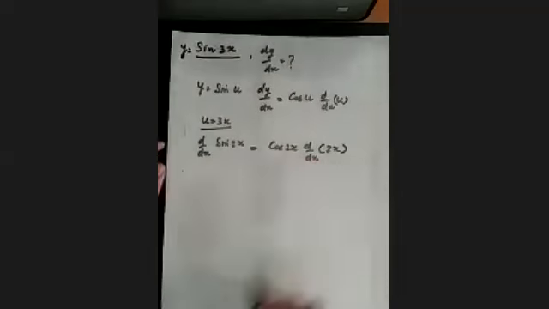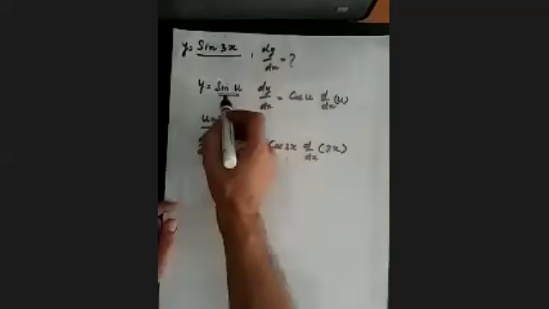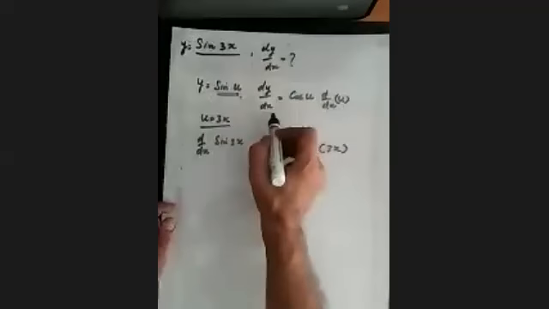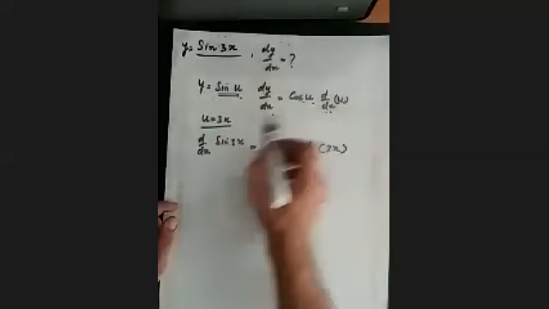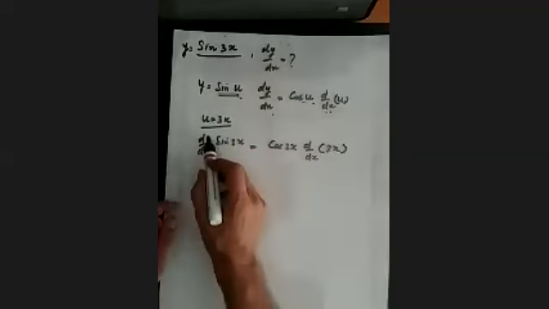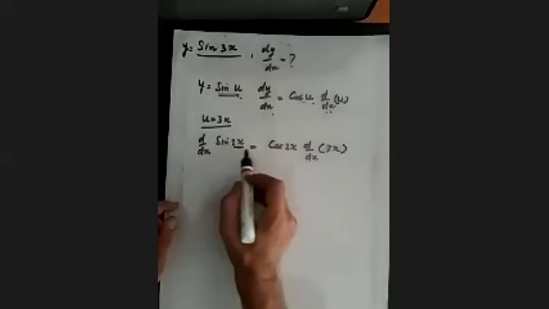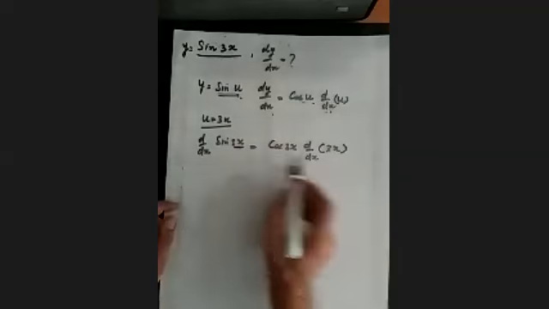So we have used this expression: y is equal to sine u, then dy by dx will be equal to cos u, differentiation of u with respect to x. Here u is equal to, in this example, 3x. So d/dx of sine 3x is cos 3x, differentiation of 3x, which is u.